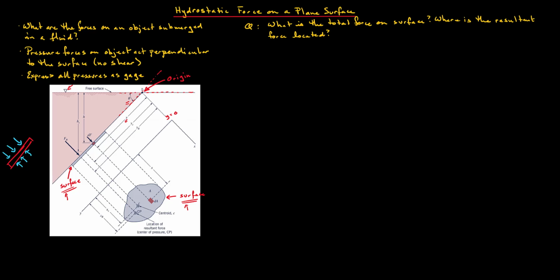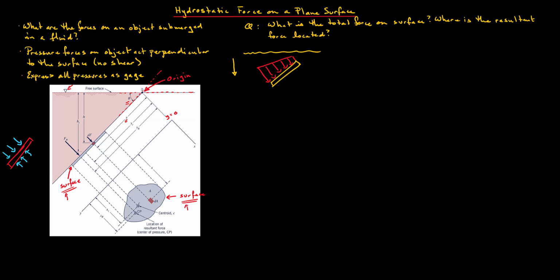So, keep in mind that we have an inclined plane, and if we have a free surface over here, the pressure is increasing as we move down in the fluid. Therefore, the pressure force is not uniform on this surface, but rather it is a distributed force.